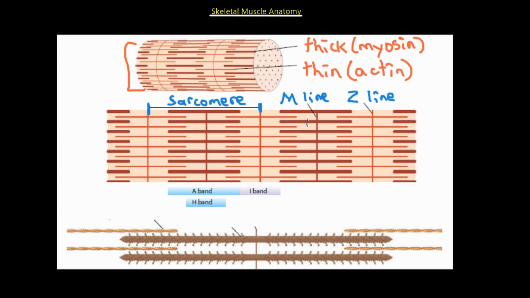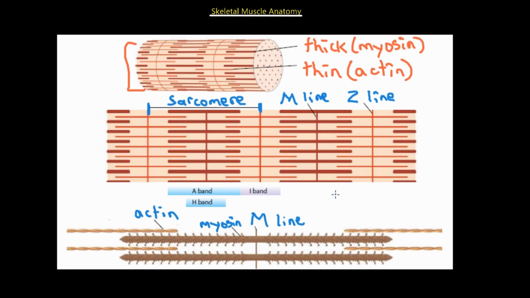So the thick filament is connected through the M line. And the same thing is here. If we look at a different diagram, we've got the M line right down in the middle of the thick filament. These are obviously actin filaments, and these are myosin filaments.